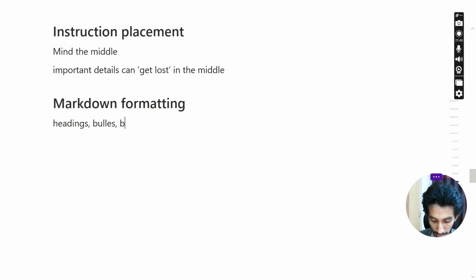We can use bold texts. So this not only makes the prompt easier for you to read and manage later if you have to debug anything, but also helps the AI to parse and understand the different components and their importance in the prompt.